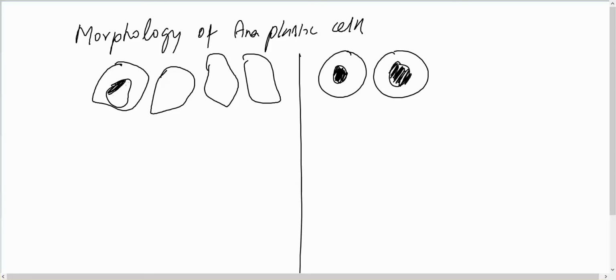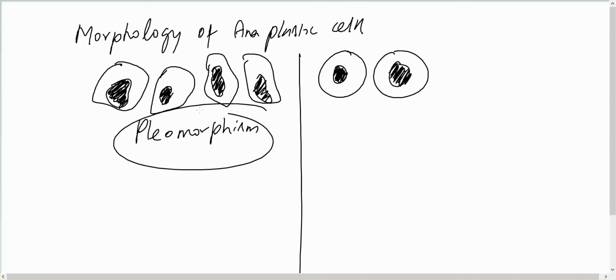They vary in nucleus size and shape, as well as cell size and shape. So this is called pleomorphism. Pleomorphism means variation in size and shape. So they have variation in size and shape in the nucleus and in the cell. So it is called cellular and nuclear pleomorphism. It is the characteristic feature of anaplastic cells.